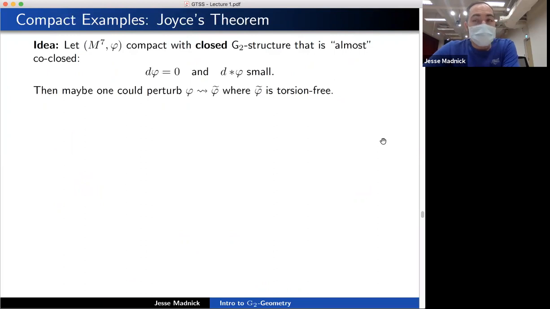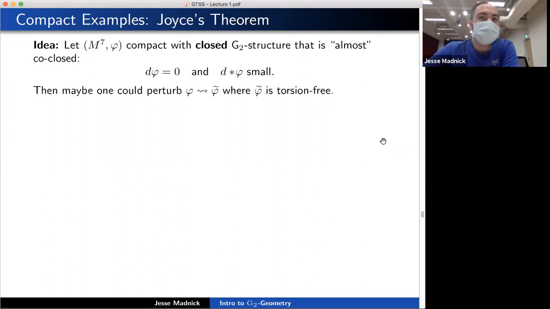And then finally, I should mention that in the 90s, in 96, Joyce succeeded in constructing compact 7 manifolds with holonomy equal to G2. And the idea is to perturb a closed G2 structure that is close to being co-closed. So Joyce proved this very powerful perturbation theorem.